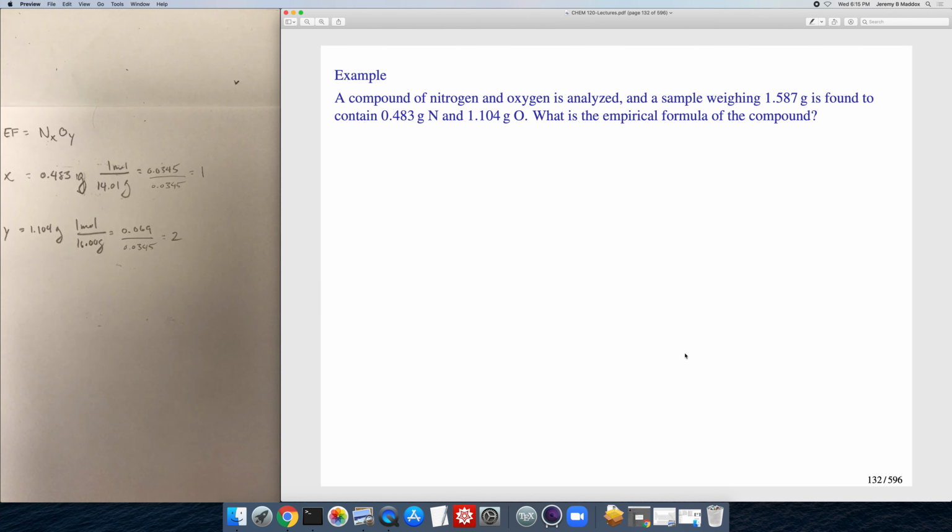So the empirical formula for the substance is NO2. So you take the grams that you're given, convert that to moles, and then look at the numbers and divide by the smaller number of moles. That's going to give you, oftentimes, whole numbers, which is what we want.